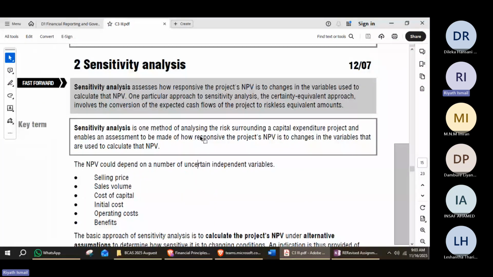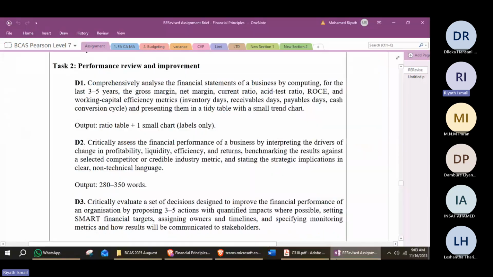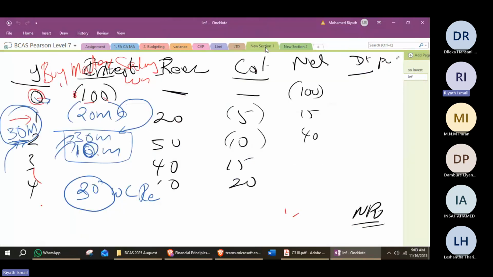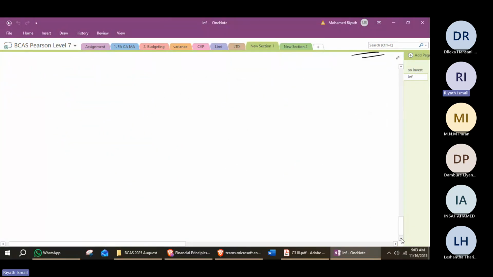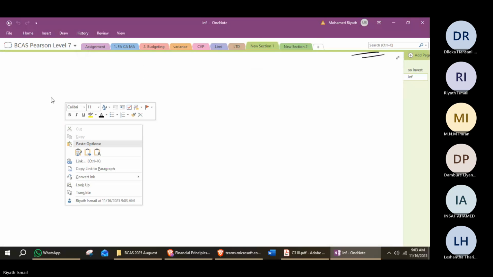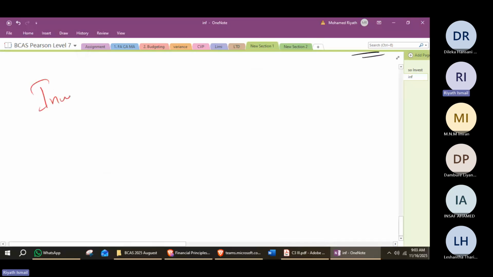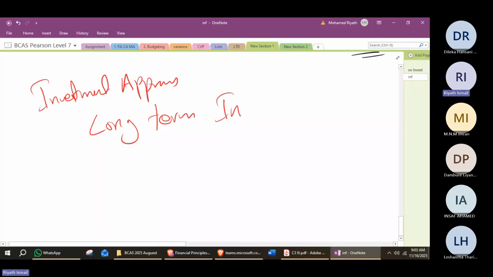Sensitivity analysis. You know that we calculated NPV, net present value, with regard to the investment appraisal. Investment appraisal means they are going to decide on long-term investment.